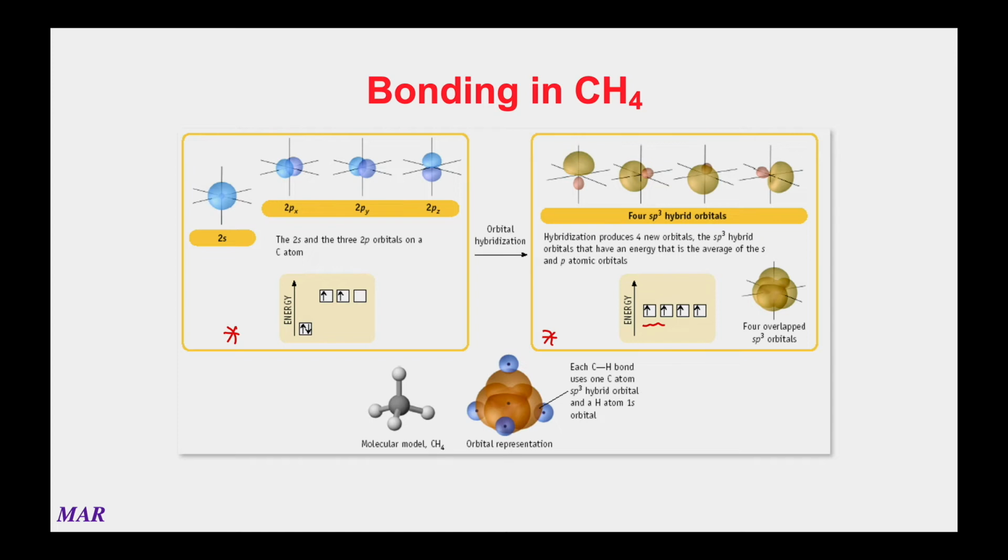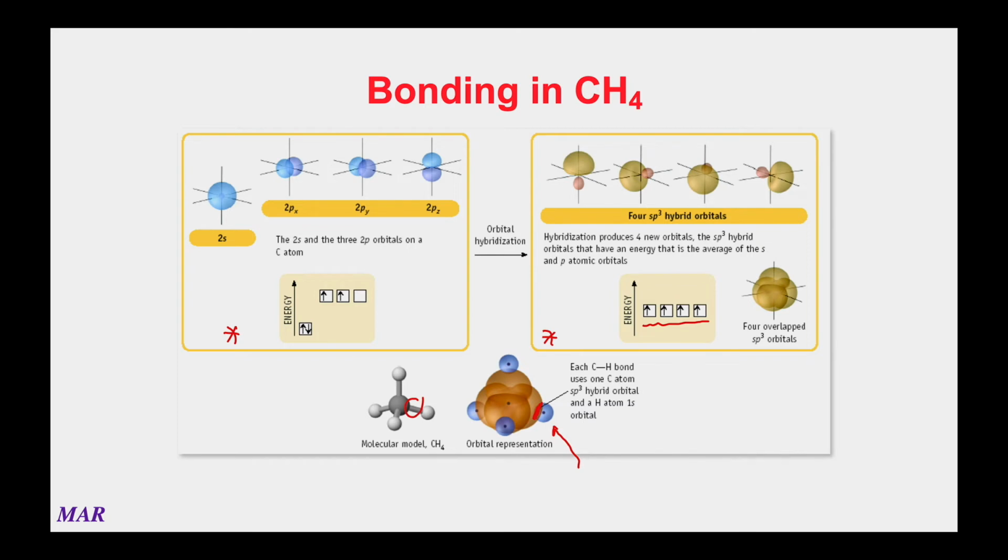They're all the same energy, so the electrons will evenly distribute. You don't pair up until there's no more room. And then when you make the molecule, down here in the lower right, the blue little blobs are the hydrogen 1s orbitals, and they're smacking into the sp3 orbitals. The overlap between them is the actual sigma bond that we draw right there. Pretty cool.